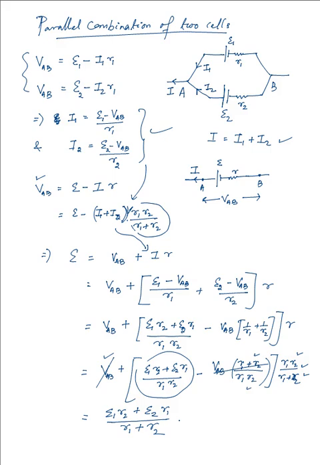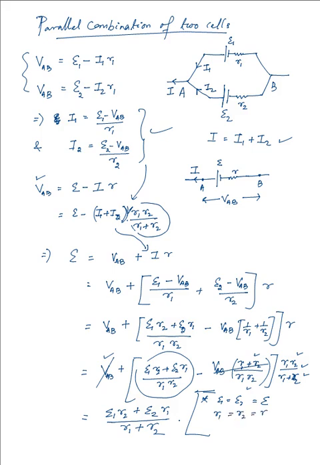Now, suppose we have the EMF to be the same in each case and the internal resistance is the same as well. So we are going to get the special case over here, being EMF in each case is the same, E1 equals E2 equals E, and we have R1 equal to R2 equal to R, let us say.